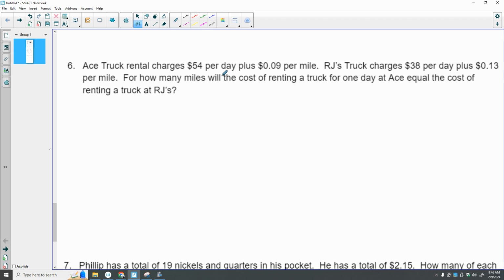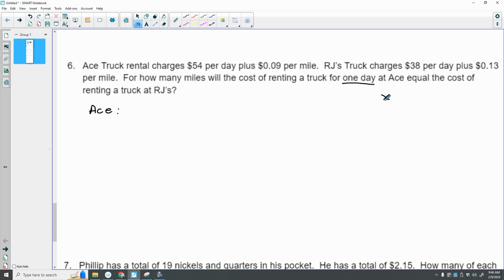So this per day doesn't matter because we're renting it for 1 day. So I have a fixed charge of $54. So I'm going to do Ace first. The cost for Ace, first question. What's my variable? Well, if the per day part doesn't matter, the per mile part definitely does. We're renting it for 1 day and it's 9 cents per mile.